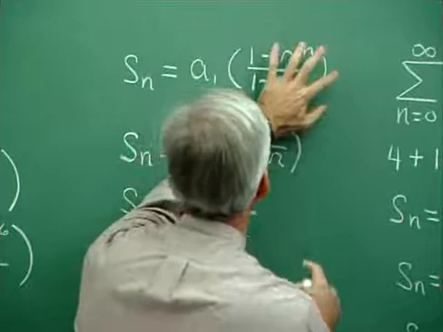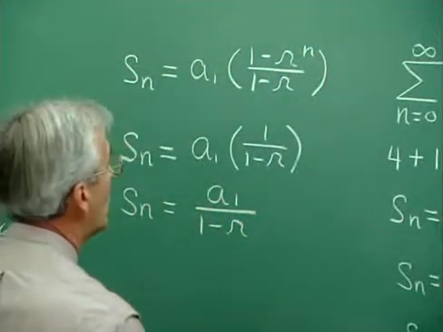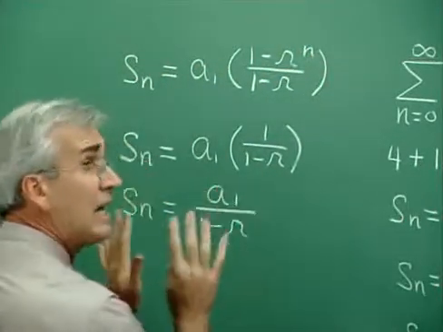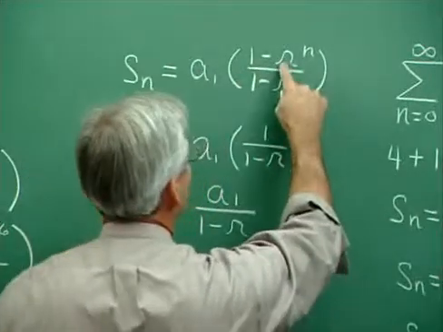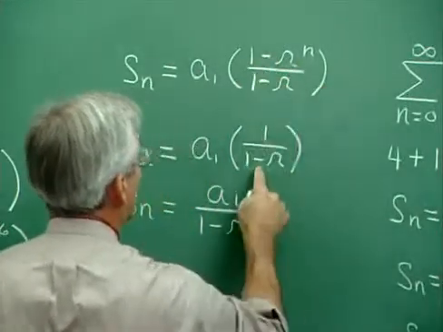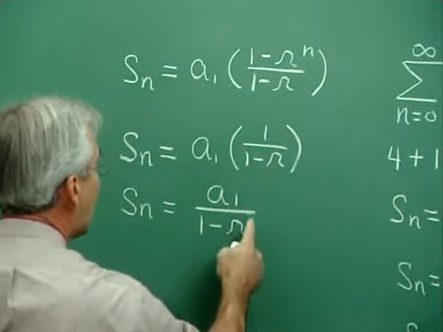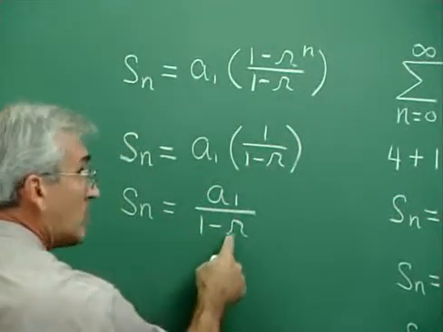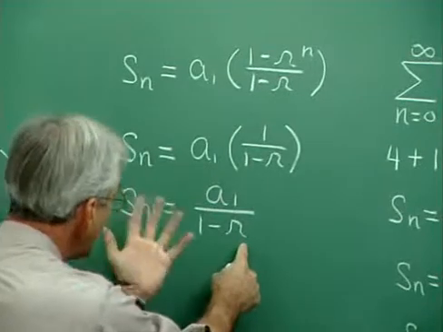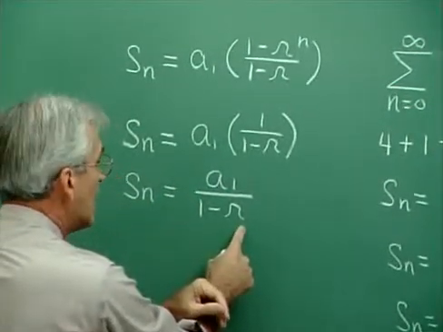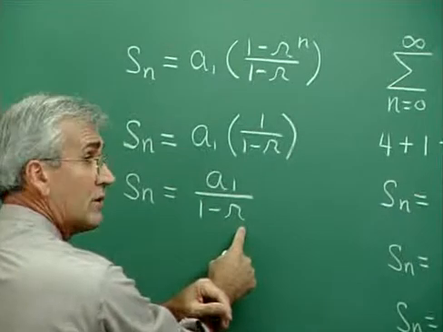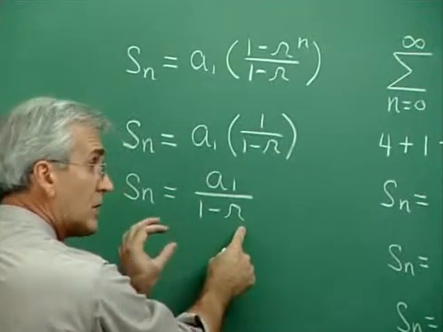So the nature of this equation changes somewhat when we're talking about adding an infinite number of items. And when we're adding an infinite number of items, this term goes out. This becomes 1 over 1 minus r. So we could write this as a sub 1 over 1 minus r. All right, so this is what we use when we're adding an infinite number of items in this environment, when we're talking about a geometric sequence.